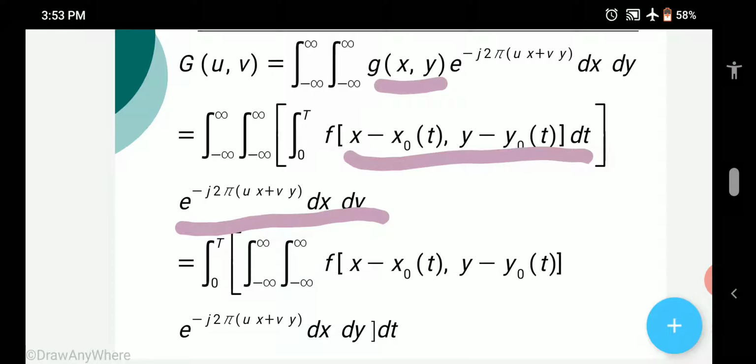Now rearranging the terms and reversing the integration order, we get the integral from 0 to T, of the integral from minus infinity to plus infinity of f of x minus x naught of t comma y minus y naught of t e raised to minus j 2 pi (ux plus vy) dx dy dt.